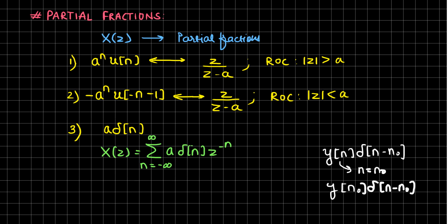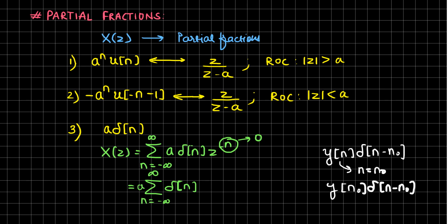Therefore, in this case, this n takes the value 0, and therefore this summation reduces as, let's take out this constant. So we have summation n running from minus infinity to infinity del of n, and z to the power minus 0 is nothing but 1.